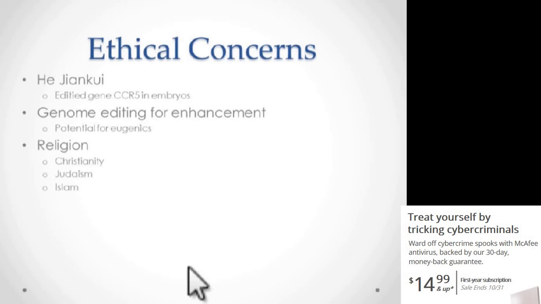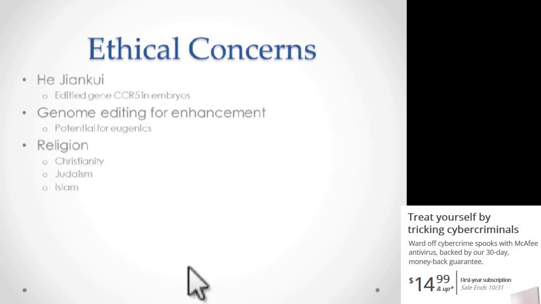So what he actually did was that he went ahead and edited the CCR5 gene, which is a gene that encodes for a protein that HIV uses to come inside of the cell. But the problem is, other than the ethical concerns, that HIV can use different proteins to come inside of the cell.